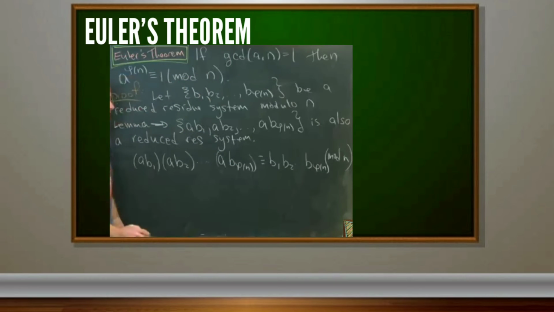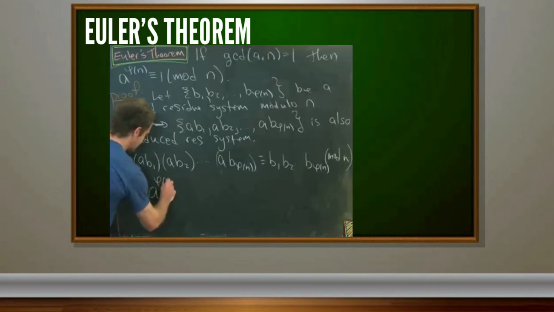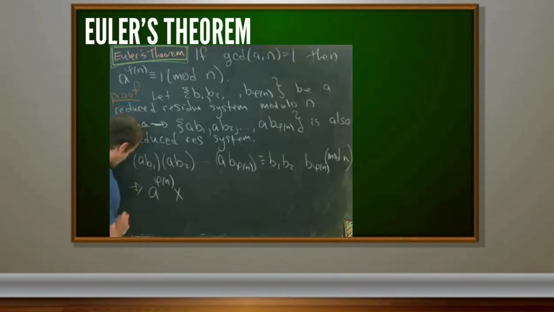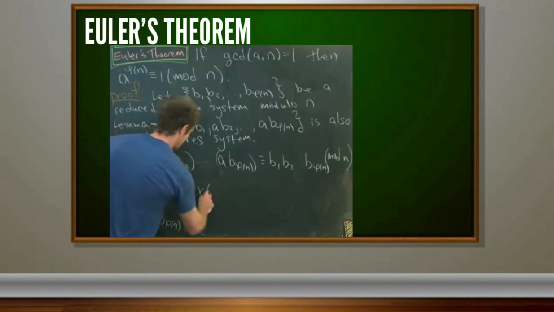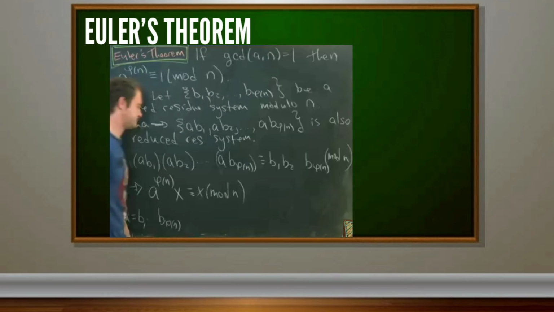One with our original reduced residue system, and one with our new reduced residue system built out of our original one and the number a. But let's notice that the left side is equal to a to the phi of n times x, where maybe we could say x is this product b1 up to b phi n. And then the right-hand side is just x mod n.